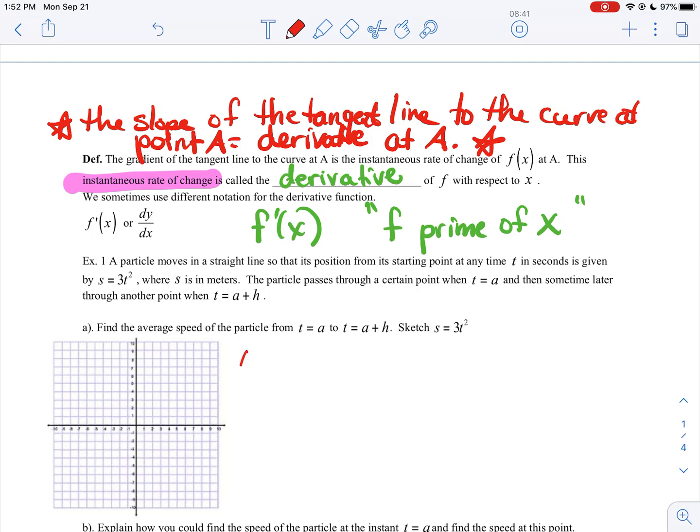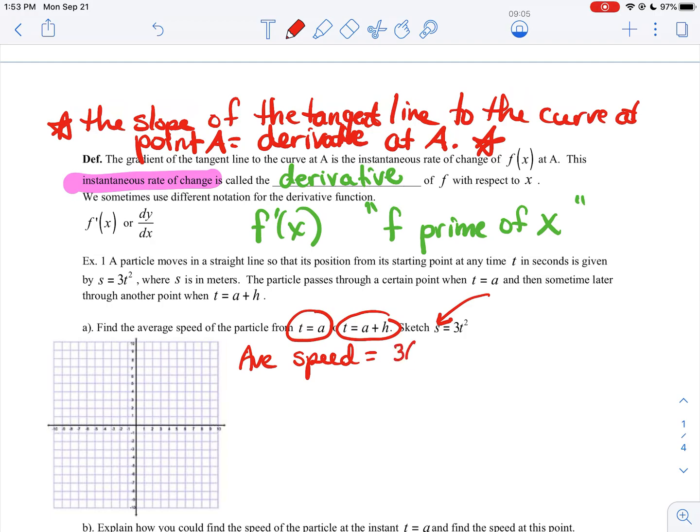So the average speed is going to equal, okay, this is like your first point, and then this is the second point, and then you're going to plug it in. So t is like my x value, and s is like the y value.